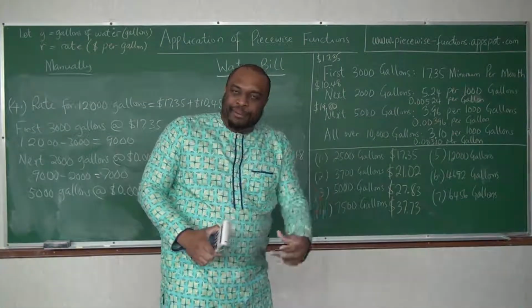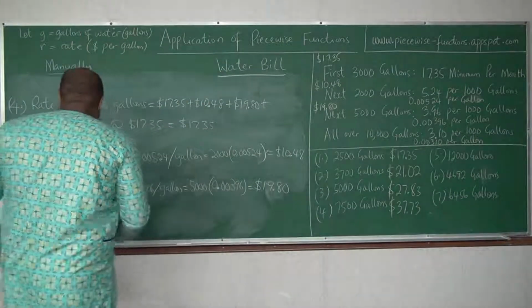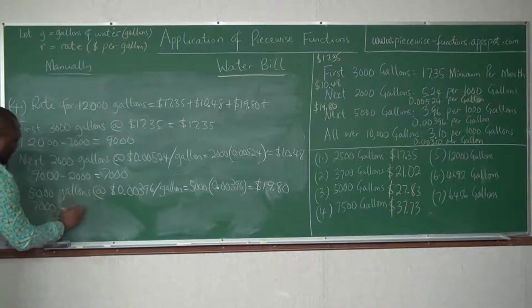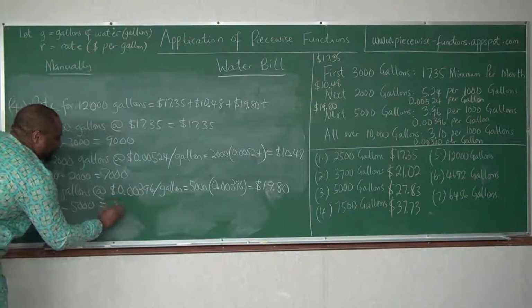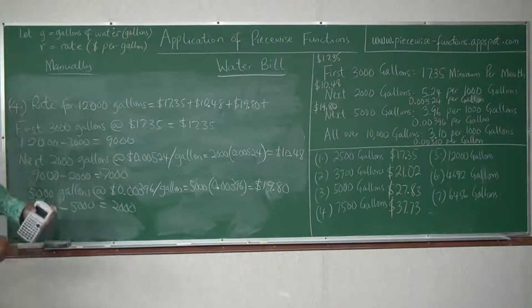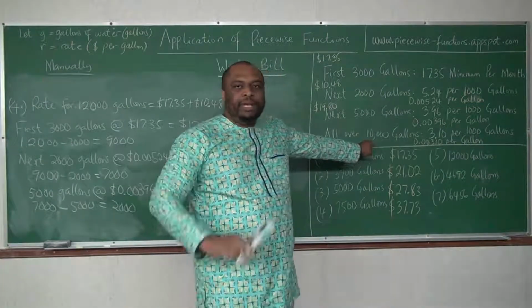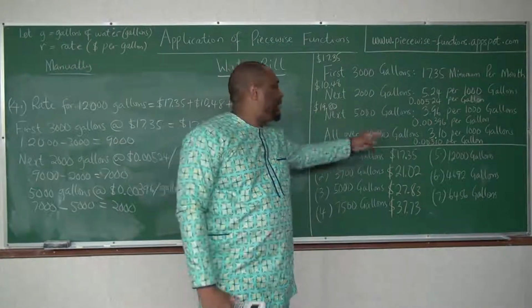Okay, so now the 7,000 is more than 5,000. We still have remaining. So we do 7,000 minus 5,000 gallons, and that gives us 2,000 gallons. Now, that 2,000 gallons falls over here, because this is all over 10,000 gallons.